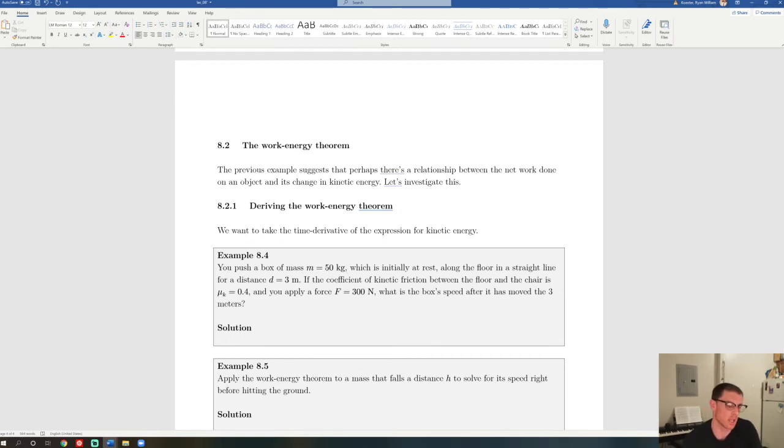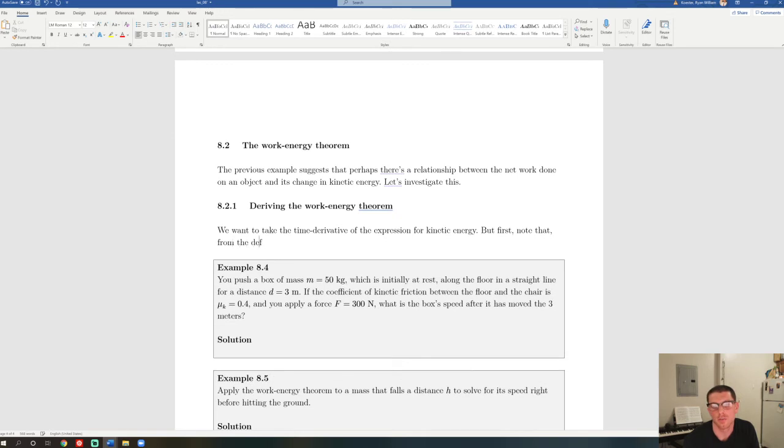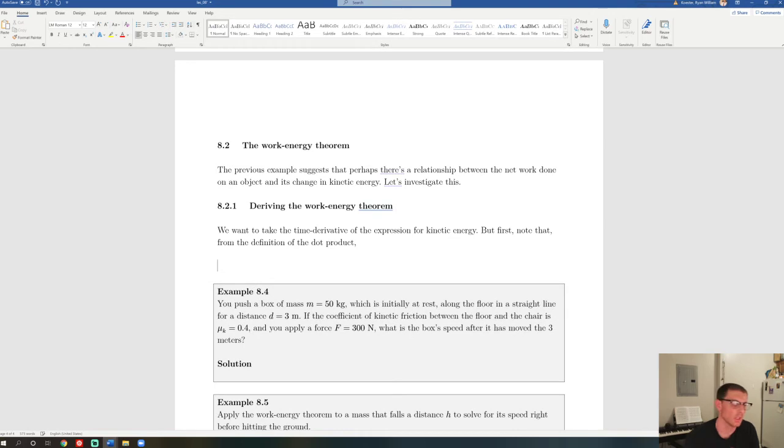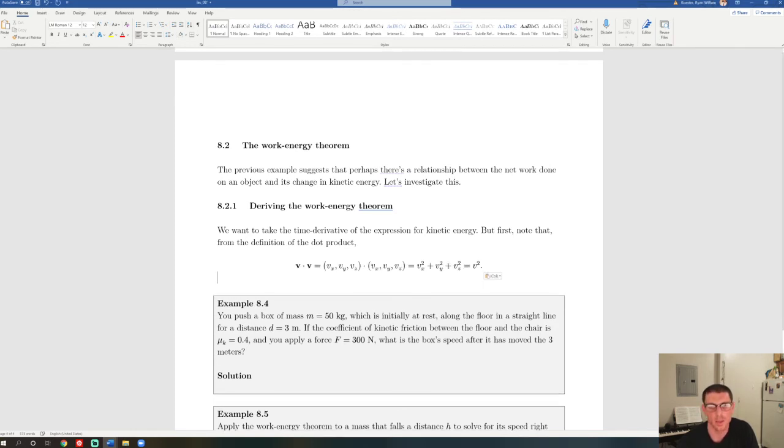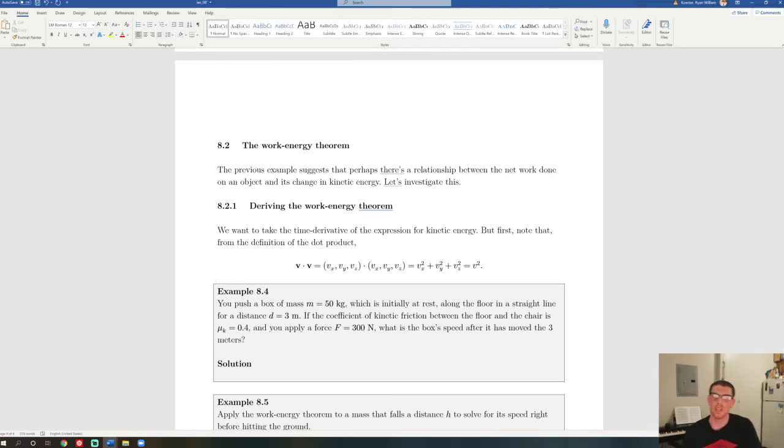But first, note that from the definition of the dot product, and this is a lot to write, so I'm going to copy and paste it from my notes, but I'll try to remember to give you some time to copy it down, if we take the dot product of a vector with itself, we just end up finding the magnitude of the vector squared is the result.